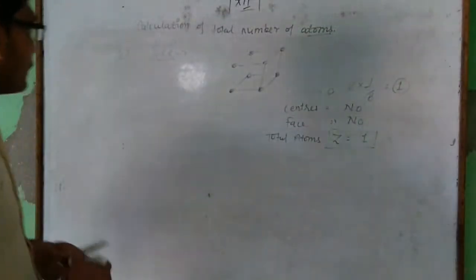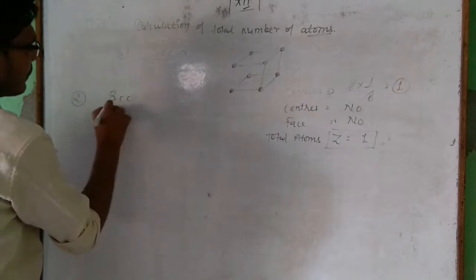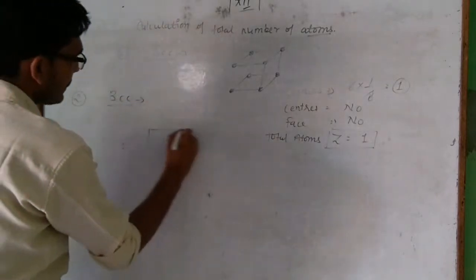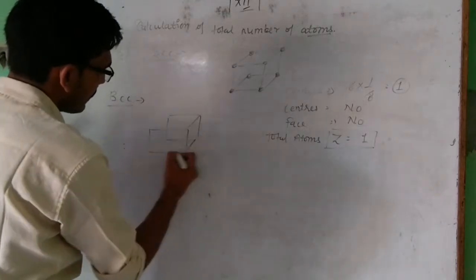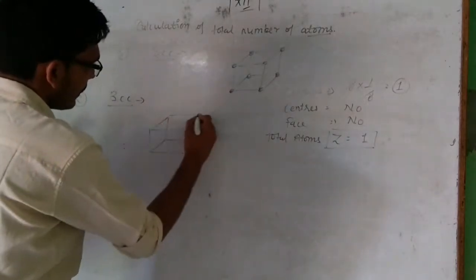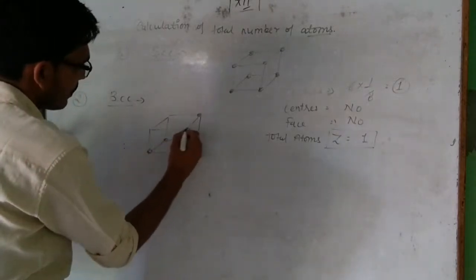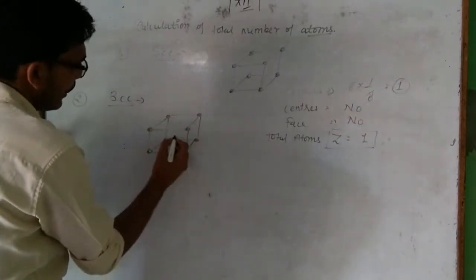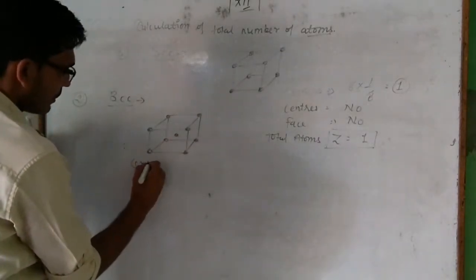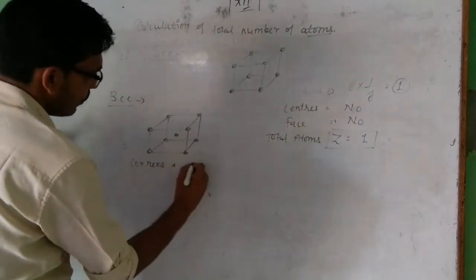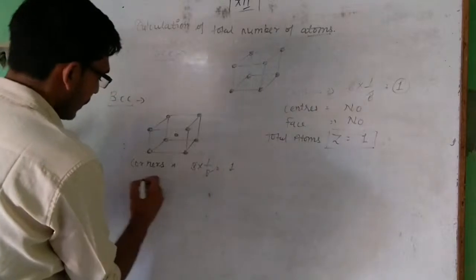Now second, BCC. This is the structure of BCC. At each corner 8 atoms are present and 1 atom is present in the center. So the corners equal 8 into 1 upon 8, equal to 1.